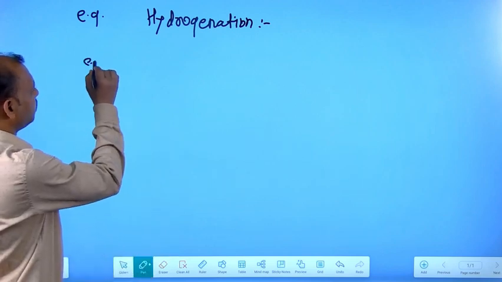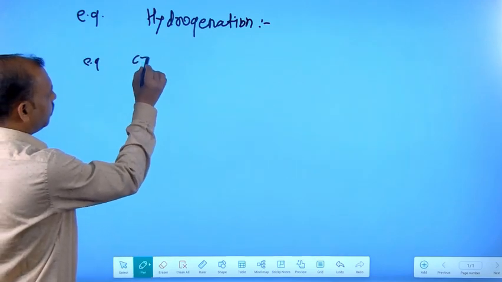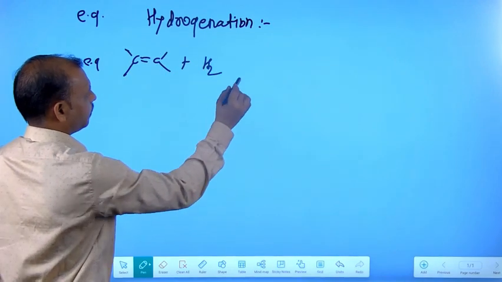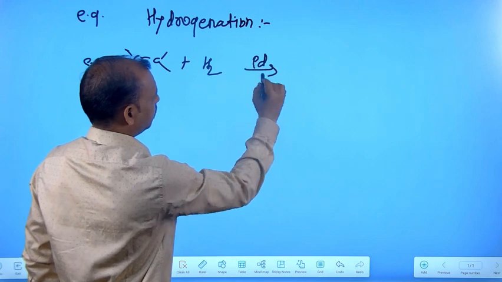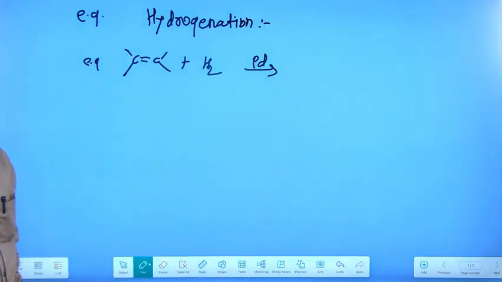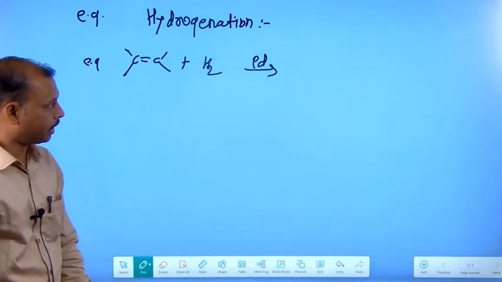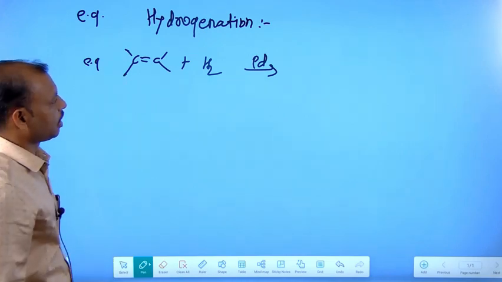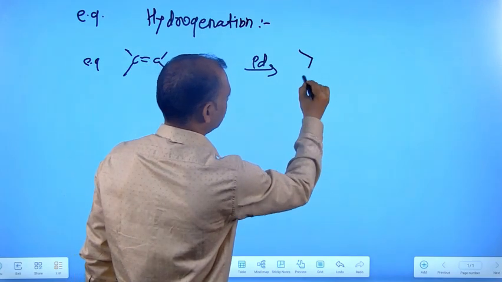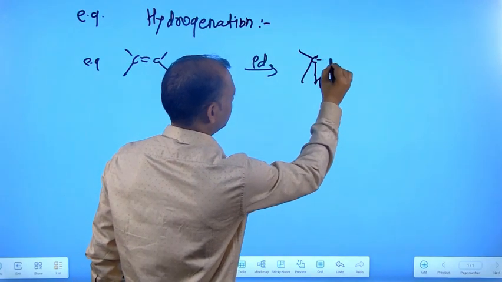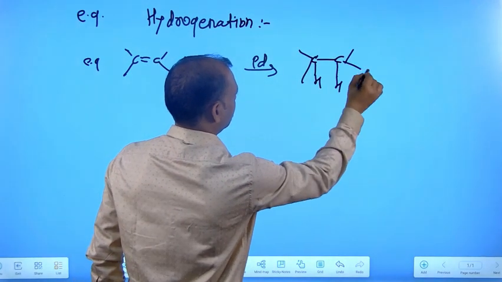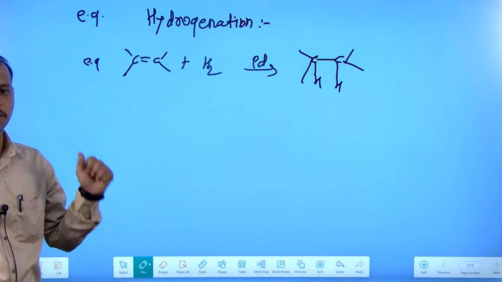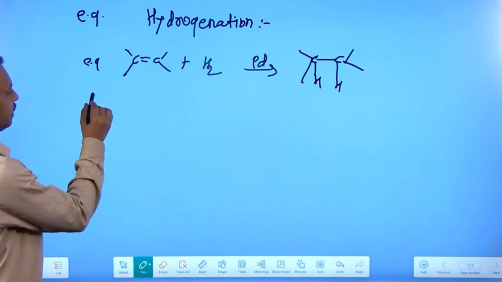For example, when we have H2 in presence of a metal like palladium or nickel, the hydrogen is added across this carbon-carbon double bond, and we get addition of two hydrogens, and therefore such reactions are called hydrogenation reactions.